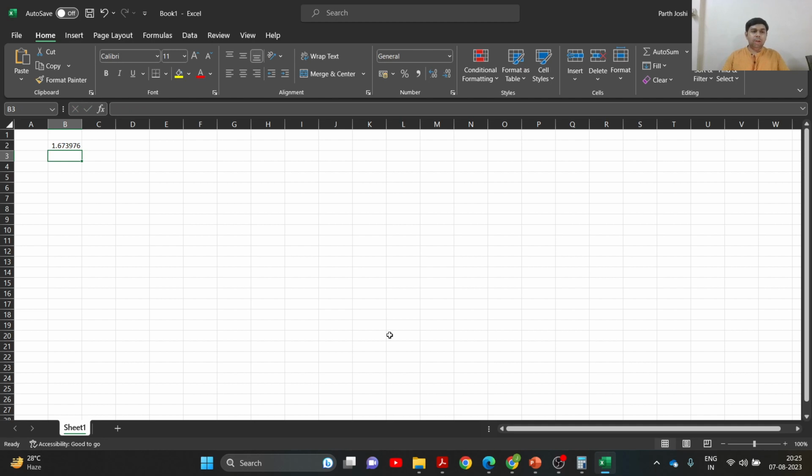The value of beta is coming out to be around 1.67, and the value of damping ratio, I am just calculating that.